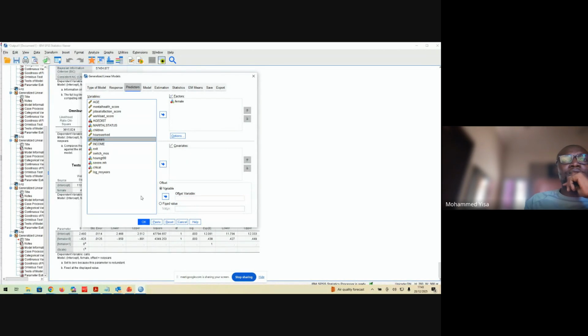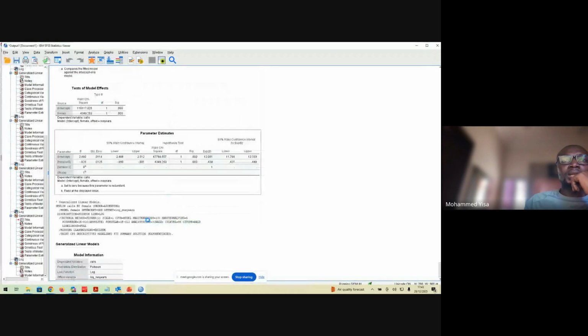We have to change the offset to log of resident years, years in residency, and click OK.